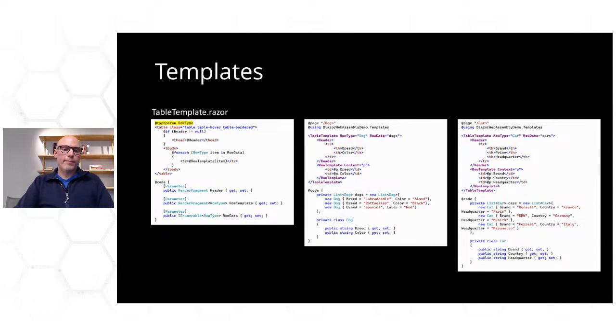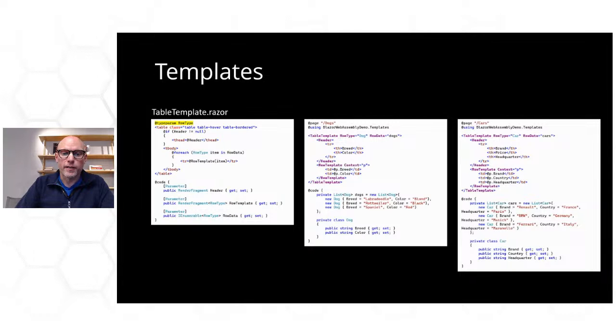We can also use templates, like if we want to have some grid or a table view or list view or something that repeats data, we can use this to make things a little bit easier. First, we need to create the actual templates.